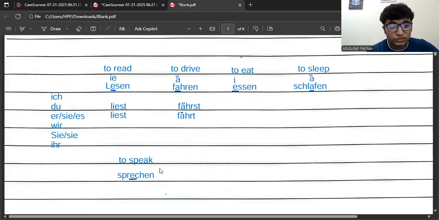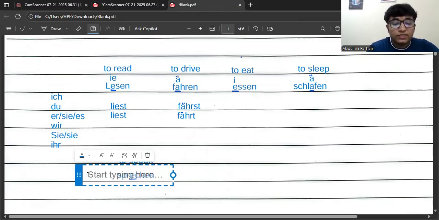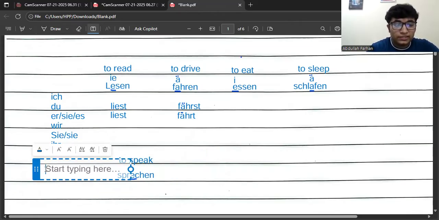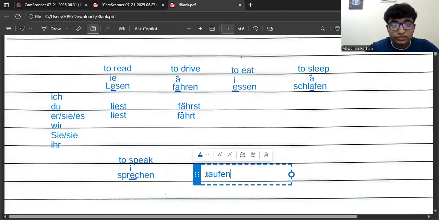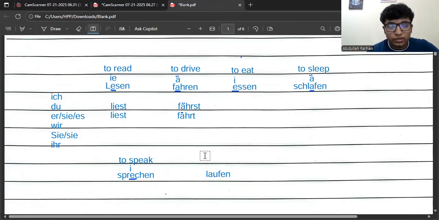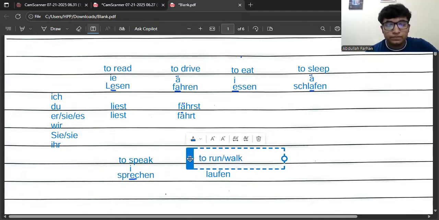The E is replaced with an I. Then let's look into laufen. Remember, the combination AU makes the house sound. Laufen means to walk or to run. It can be used for both.